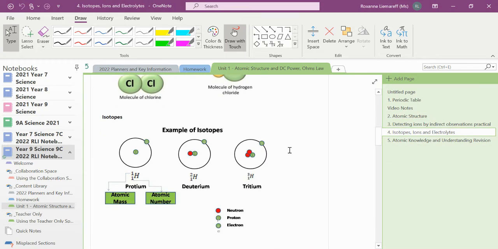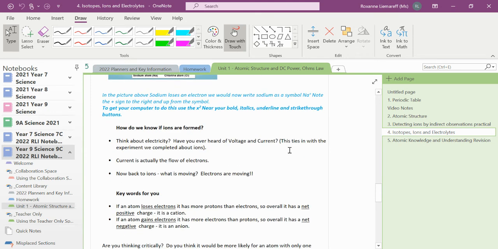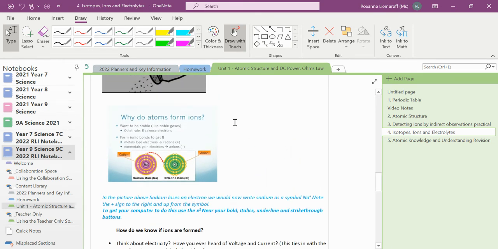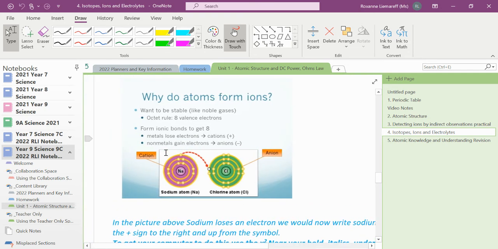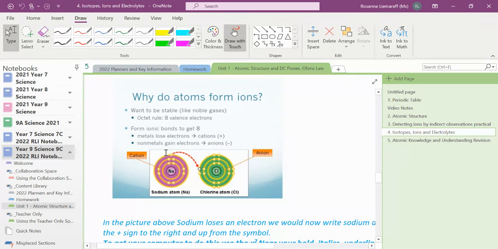We've actually spoken about what ions are and how they form, and we even did an experiment detecting ions by indirect observations using common household solutions that we can find anywhere, basically coffee, oil, etc. But going back to what I'm speaking about right now, an atom wants to be stable. So the octet rule is talking about 8 valence electrons in its outer shell.